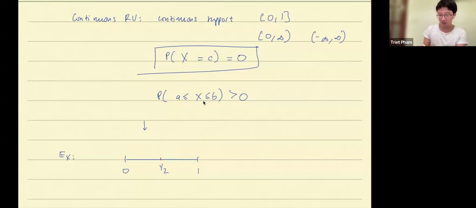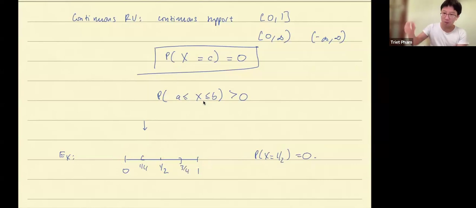Does that make sense? One way to explain it is 1 point out of infinitely many points, because all of these points can be hit. So a single point can be hit with probability 0. On the other hand, you can ask the probability that it hits between, let's say, 1/4 to 3/4.